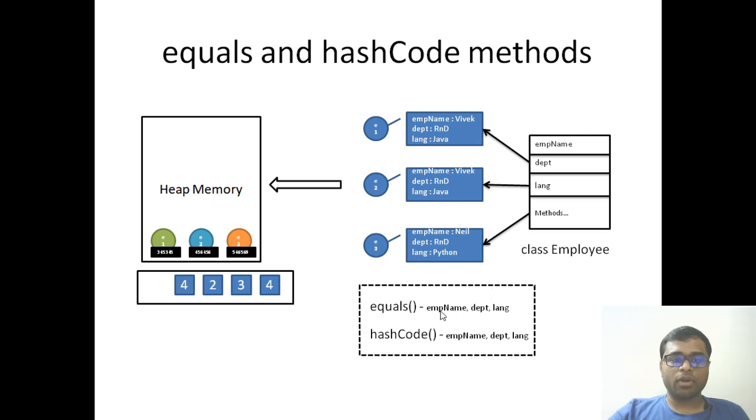Now when 4 comes in once again, 4 will be compared with other values which are already present in the set. In this case, 4 is already present, so 4 will be discarded. Now let's say another number came in, which is 1. 1 is unique, so it will be kept in the set.